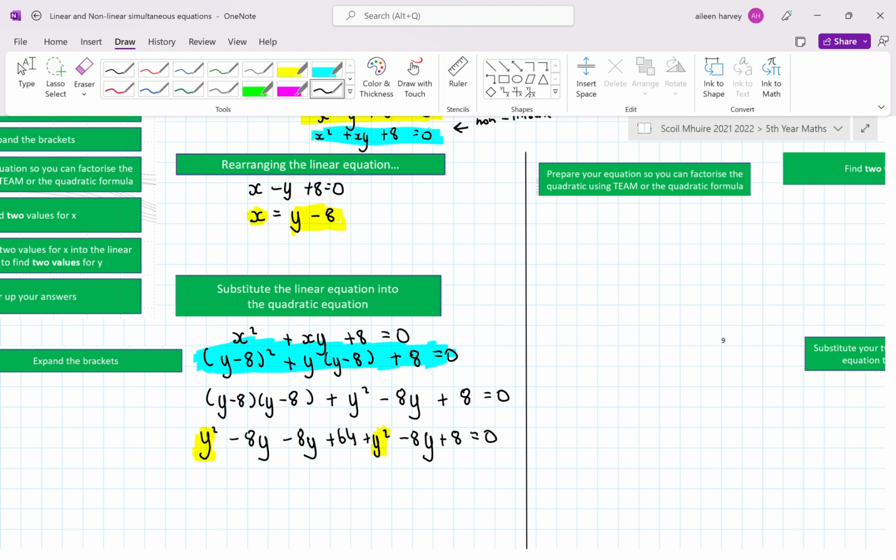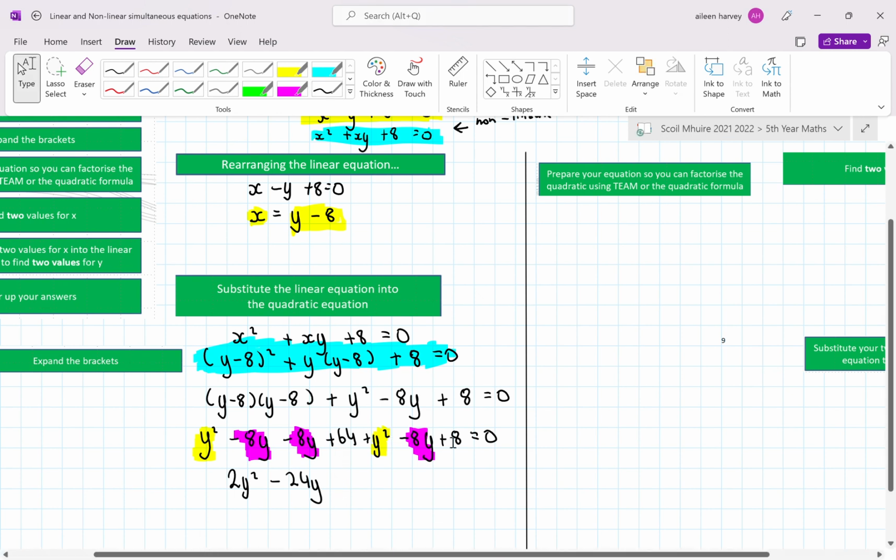Okay, so that gives me y squared plus y squared gives me 2y squared, minus 8y minus 8y gives me minus 16y, minus 8y gives me minus 24y.